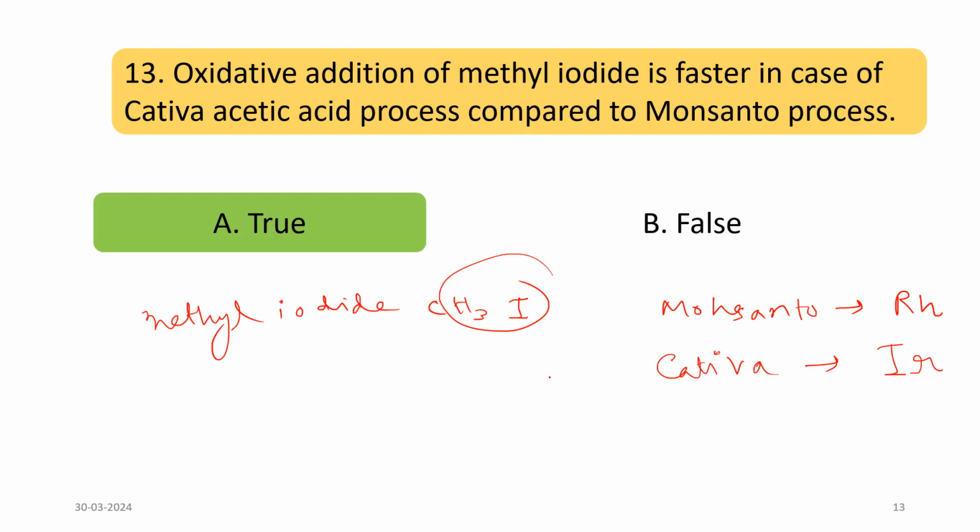Oxidative addition of methyl iodide to the iridium catalyst is much faster than to the rhodium based catalyst in the Monsanto process. So Cativa means the iridium catalyst and Monsanto means the rhodium catalyst. Okay, so it is true.